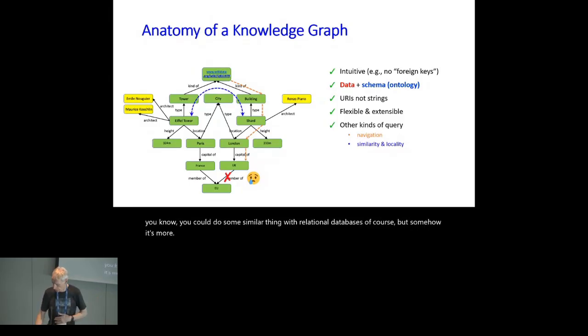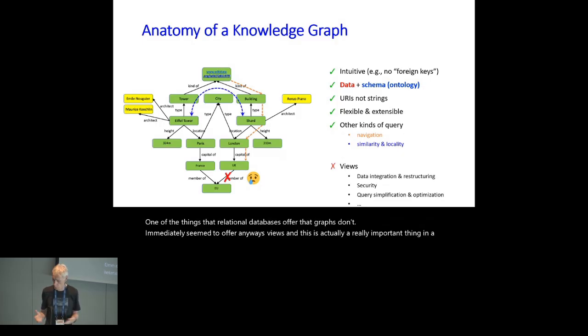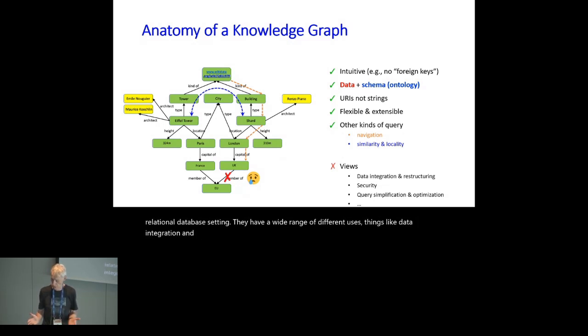One of the things that relational databases offer that graphs don't immediately seem to offer, anyway, is views. And this is actually a really important thing in a relational database setting. They have a wide range of different uses, things like data integration and restructuring, but also security, optimization, and so on.